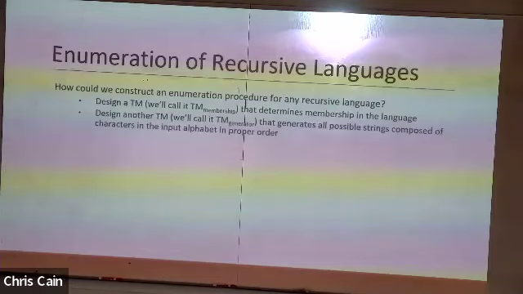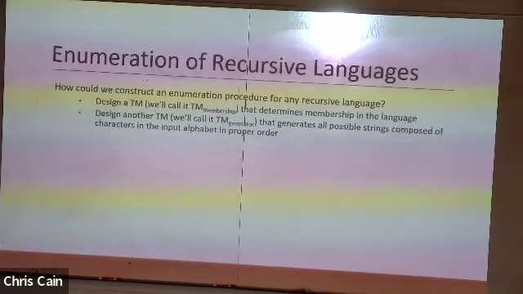It's going to be able to generate strings that are in the language in what we're going to call proper order. And proper order for the language that consisted of the input alphabet ABC before was in length order. There exists a proper order that is going to be able to eventually output everything in a recursive language.